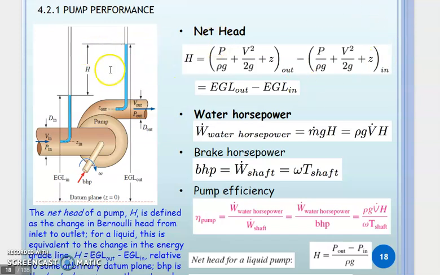This one is just for the pump itself. We have an almost similar equation, but not for pumps, rather for the whole system, which we will discuss later.